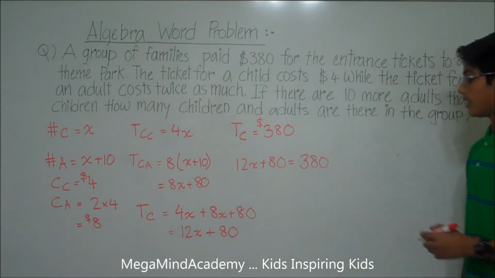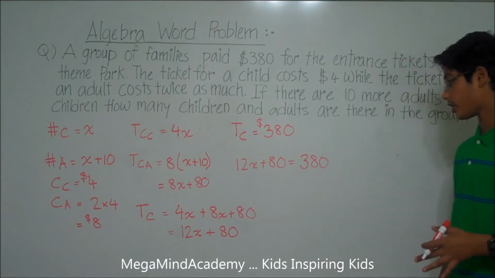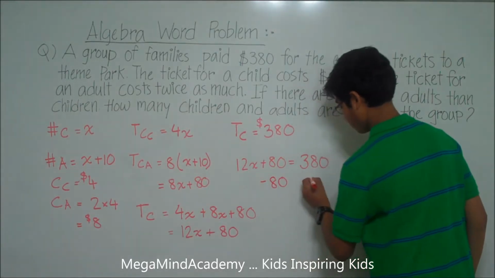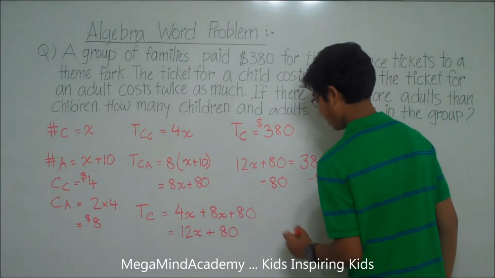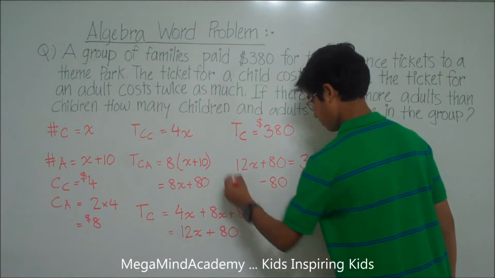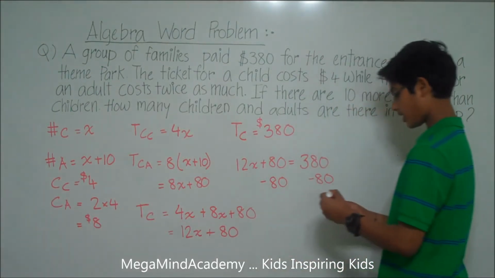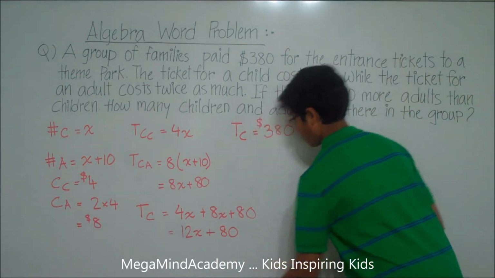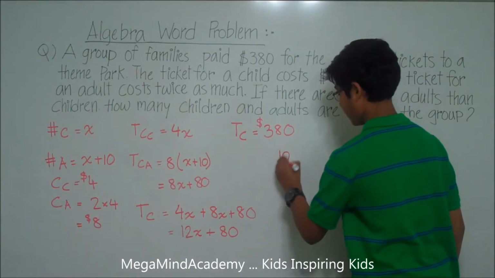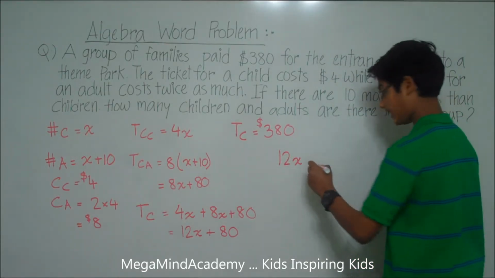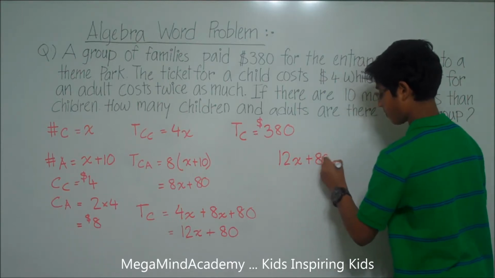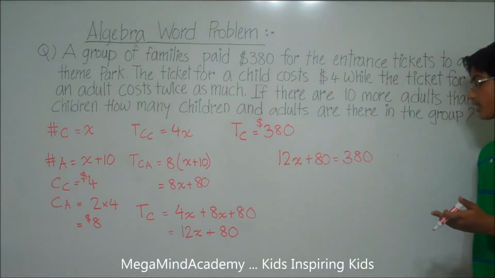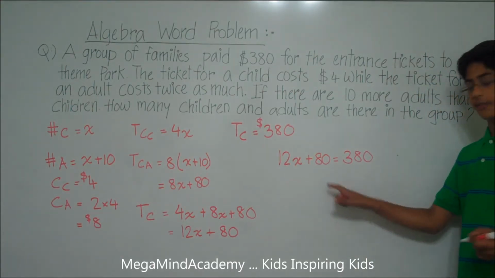To do this, let's subtract 80 from both sides of this equation to get rid of 80 from this side. So 12x plus 80 is equal to 380.